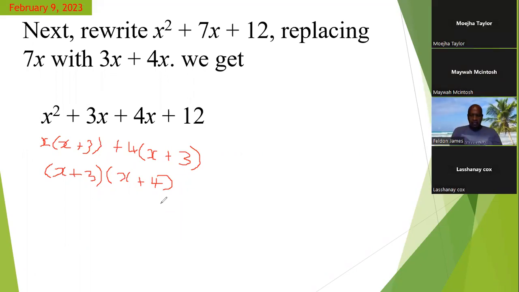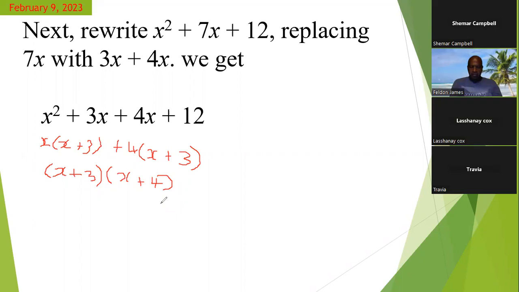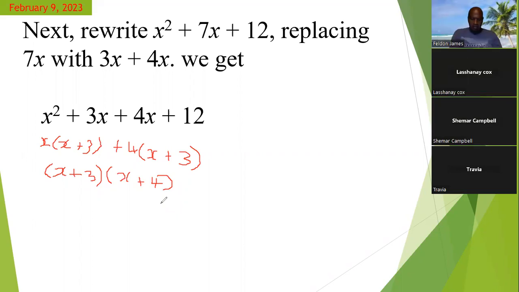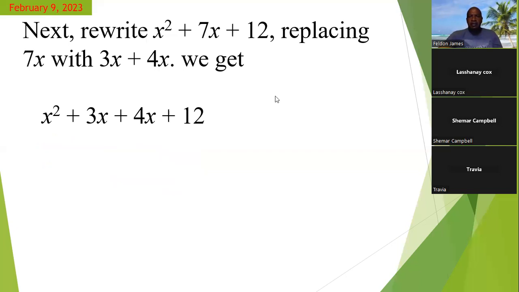All right, so everybody is good with that. All right, moving along.